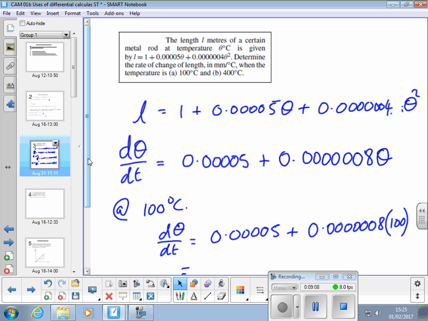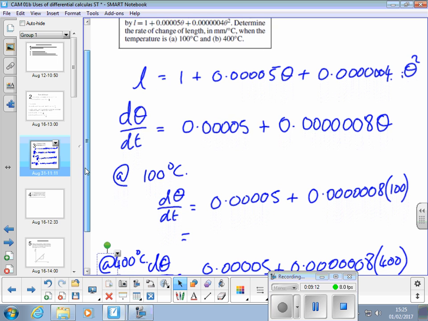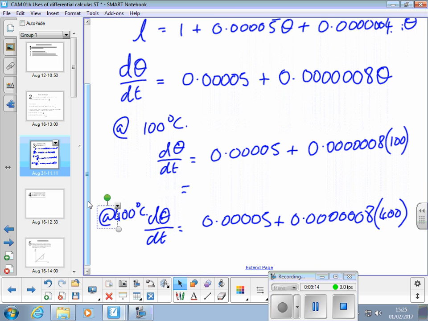The question is asking for the change of length in millimeters per degree C. When you calculate these, you're going to get your rate of change in meters per degree C. How can we get it into millimeters per degree C? Multiply it by 1,000. Yeah. The alternative would have been to multiply these numbers by 1,000, turning it into length in millimeters.